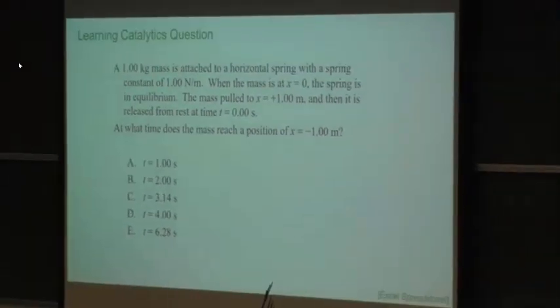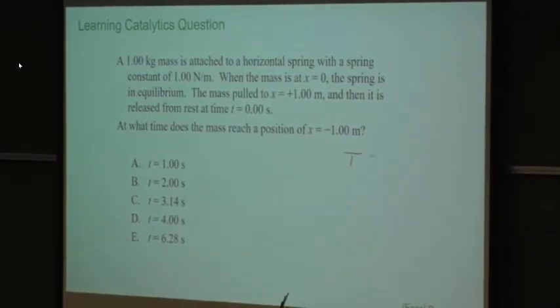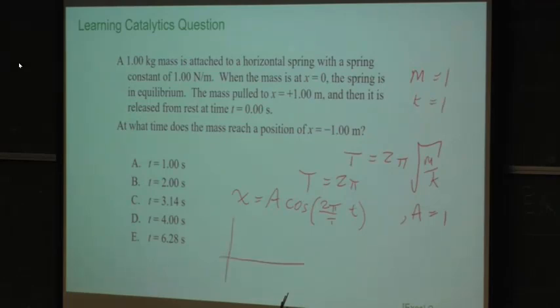Okay, so what I got here is that in this case, it's not L over g, the period is equal to 2 pi times the square root of m over k. Remember that? But this was just 1, I think, right? So it's just T equals 2 pi. And so if x is equal to A times cosine of 2 pi over capital T times little t, and A equals 1, m equals 1, k equals 1, all these things equal 1, then if you look at it, it's going to start here.